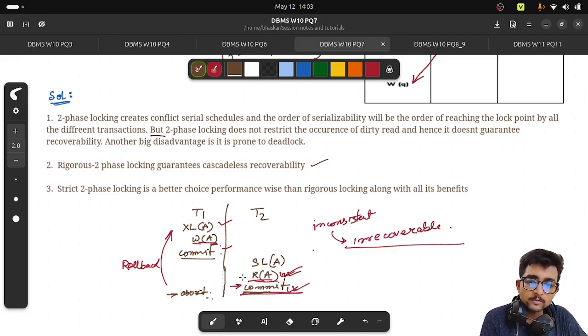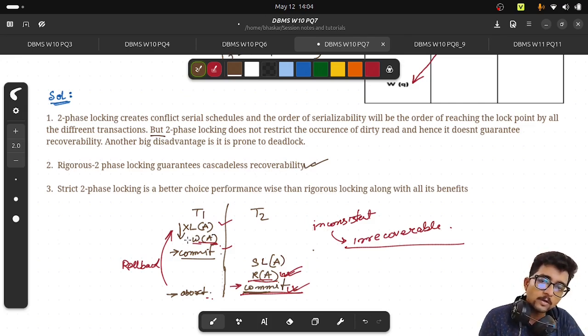So strict two-phase locking is saying, why are you putting the constraint on reading as well? You take the locks as required and commit without unlocking, and that will prevent irrecoverability according to the rigorous two-phase locking rule, but at least allow the shared lock to be released, right? You can hold on to the exclusive lock until the commit, but you do not need to hold the shared lock until the commit.